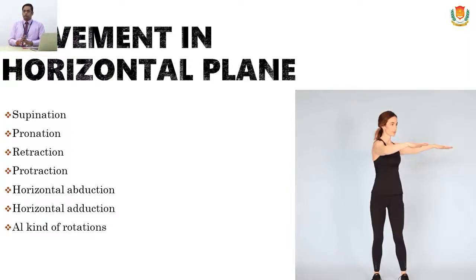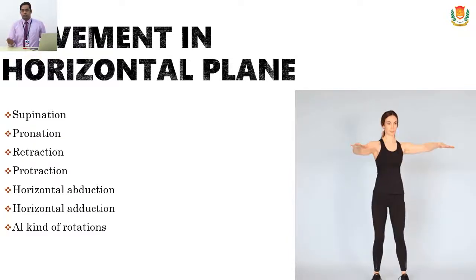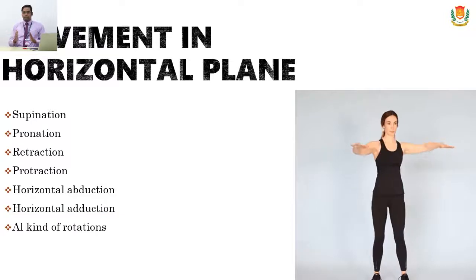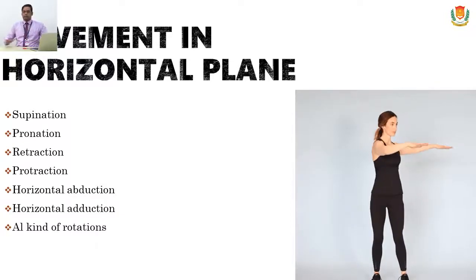So if you want to visualize this movement, always do this. Okay. So if I'm doing like this or this or this, the movement which is happening like this comes under your transverse plane or the horizontal plane. Okay. The other movements that come under this plane also include retraction and protraction of the scapula, and horizontal abduction and adduction of the shoulder, and rotations I have already talked about.